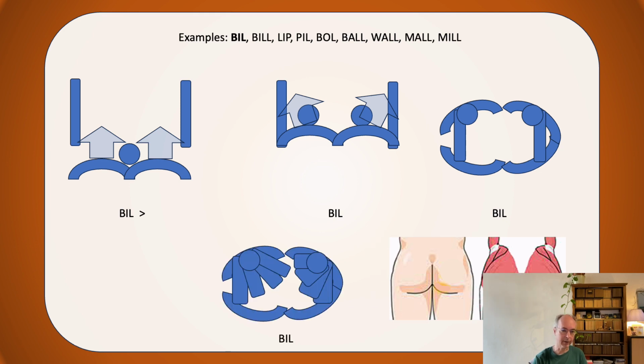And if you compare it to where the muscles are in the butt, the BIL is especially to these specific muscles. It's that pressure point indeed, and it's expressed actually very well with these letters.